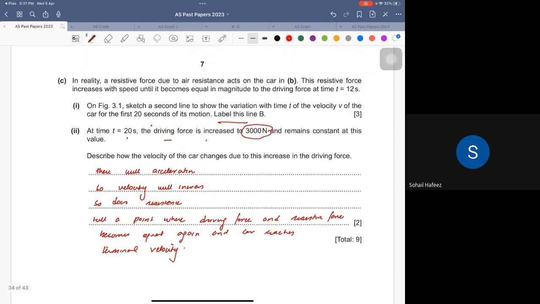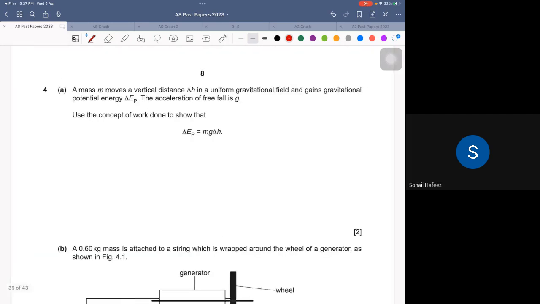So then, please correct your work as you're doing this. And then in question number 4, it says mass m moves a vertical distance delta h in a uniform gravitational field and gains gravitational potential energy, and use the concept to show. Fine. So it's pretty simple. If you move up, your weight is equal to mg. So to carry the weight, you have to do work against gravity for the height you're going up, right?